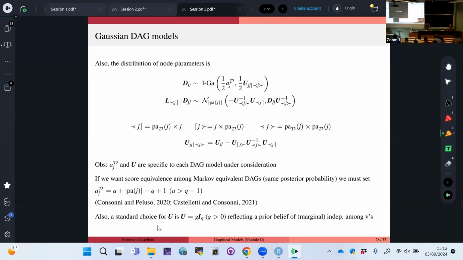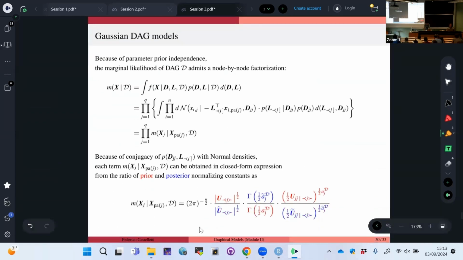While a standard choice for U, this is a choice basically only on the A parameter of the distribution, so whatever U is. For U, what we can do is, for example, to set it as a diagonal matrix, which will reflect a prior belief of marginal independence between components. Otherwise, we can multiply by a constant g if we want to control for informativeness of the prior, making the prior weakly or more informative, depending on what you need.